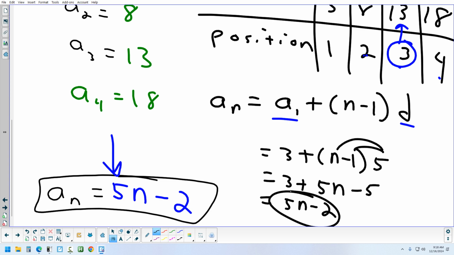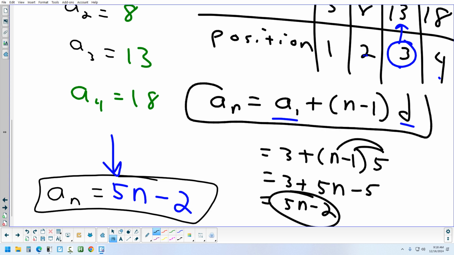So this formula gives you a way to automatically convert an arithmetic sequence to something explicit. You just need to know the first term and what you add each time. And yeah, you do need to do that out. Okay. Any question on that?